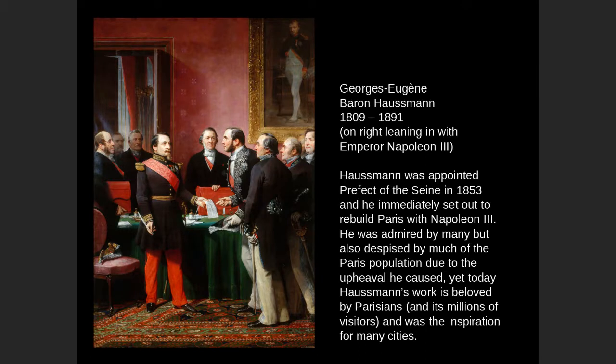Here is an image of Baron Haussmann in the fancy jacket, talking about his plans with Emperor Napoleon III over here on the left. Not to be confused with the Napoleon that was number one. The French Revolution sort of faltered, got pretty bloody and violent.